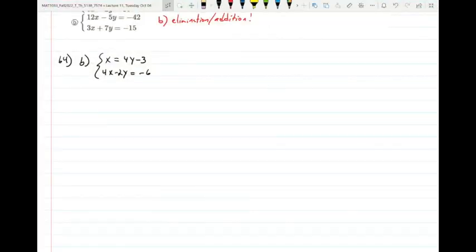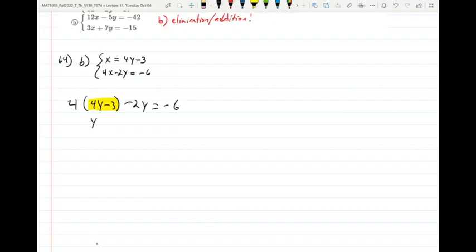Okay, again, does everybody understand that here we just plug in? Yes? Okay, so then equation number 2 will look like 4 times (4y minus 3) minus 2y equals -6. So this was x, okay? I just replace it by 4y minus 3, which is coming from equation number 1. And now we solve.